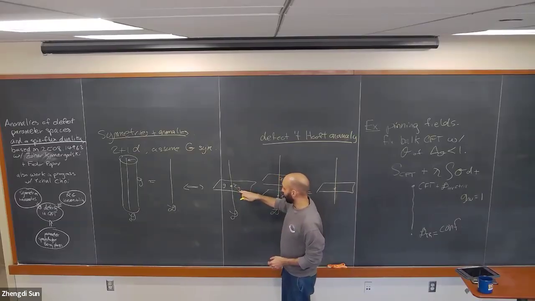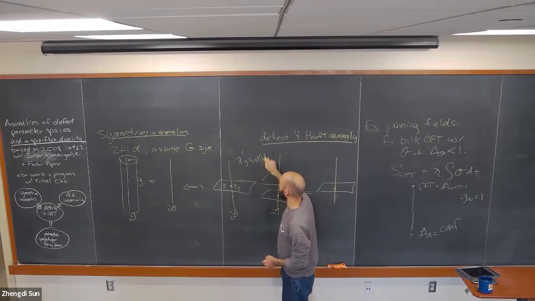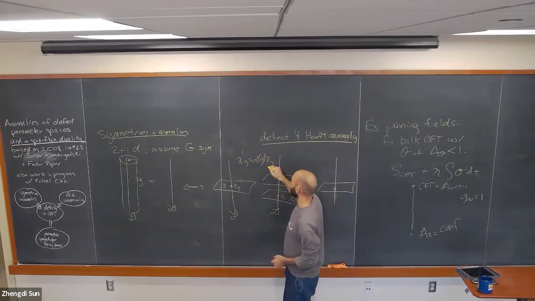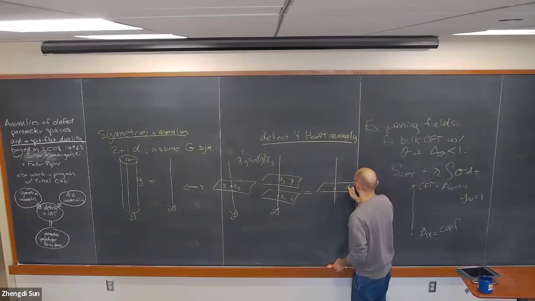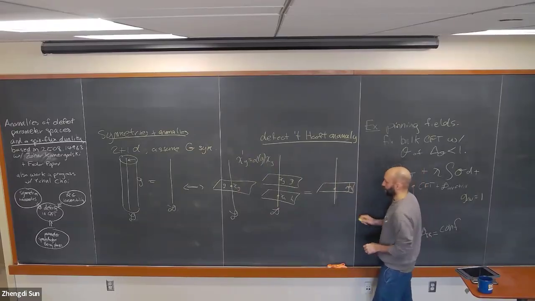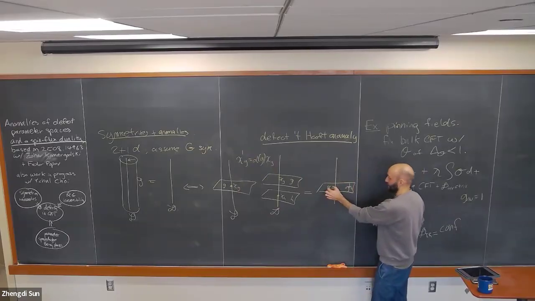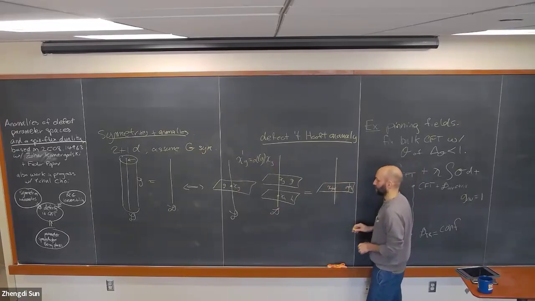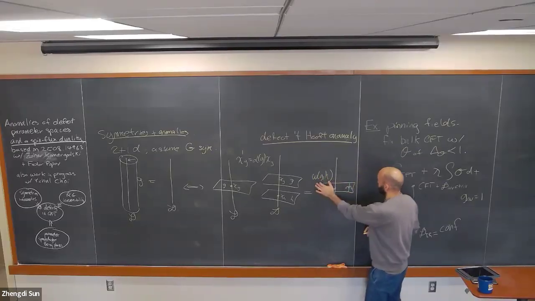In particular, you could have defined yours to be rescaled compared to mine by some phase. But I fixed them in advance. And when I do this fusion, I'll get back the sort of surface associated to G times H, and I won't in general be guaranteed to get back the same junction that I chose in advance, but I will be guaranteed to get it back up to some phase omega.